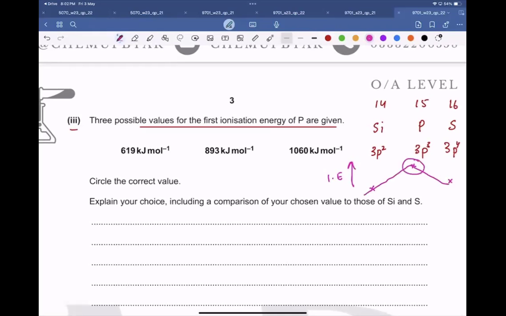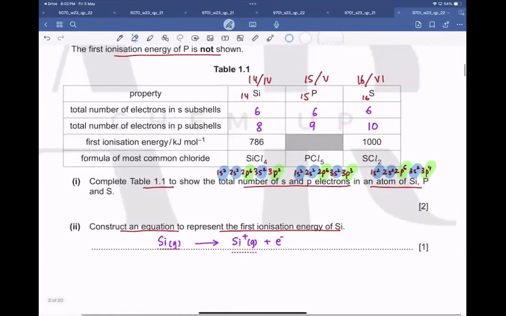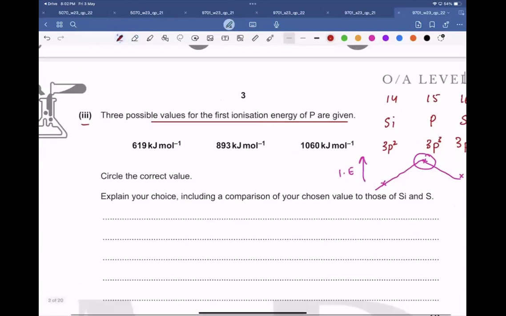If we look at phosphorus, its ionization energy is greater than both silicon and sulfur. Silicon's ionization energy is 786 and sulfur's is 1000, so it must be greater than 1000. We are asked to circle the correct value.